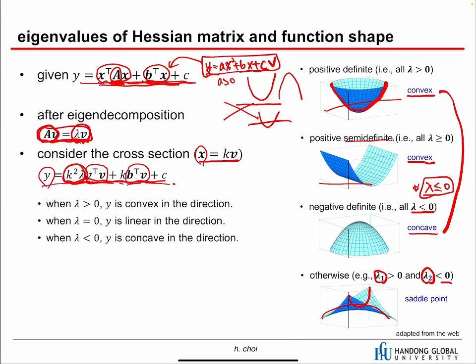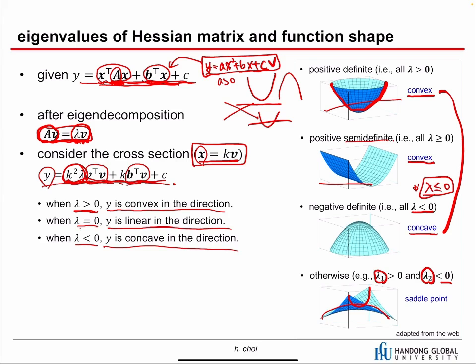K squared is positive all the time, and the lambda could be positive, or it could be 0, or it could be negative. When lambda is positive, Y is convex in that specific direction. When lambda is 0, Y is linear in that direction, and when it is negative, it could be concave in that direction.